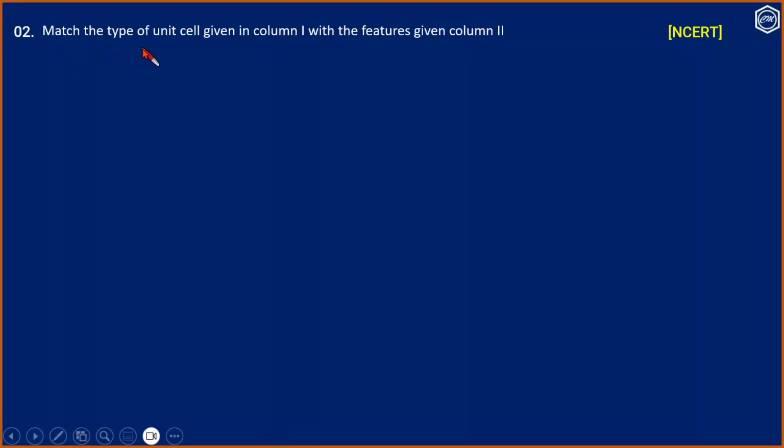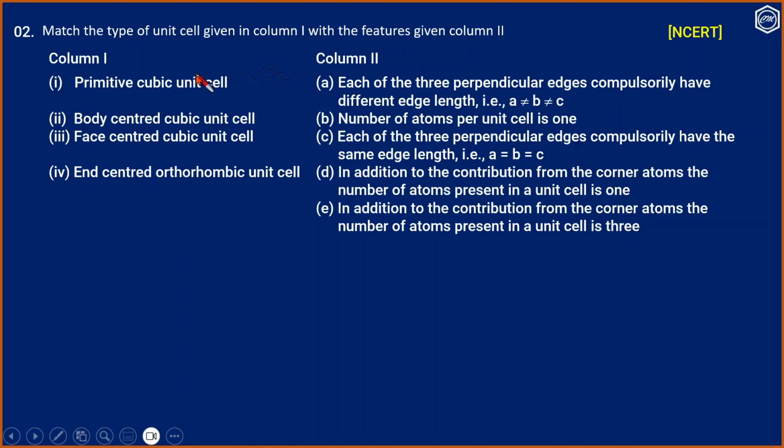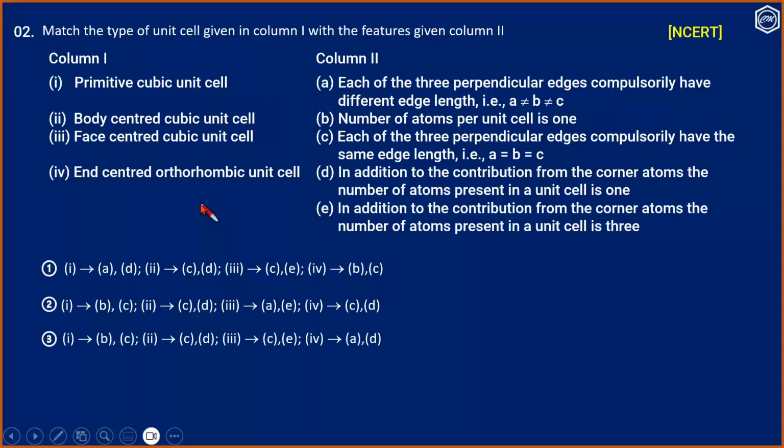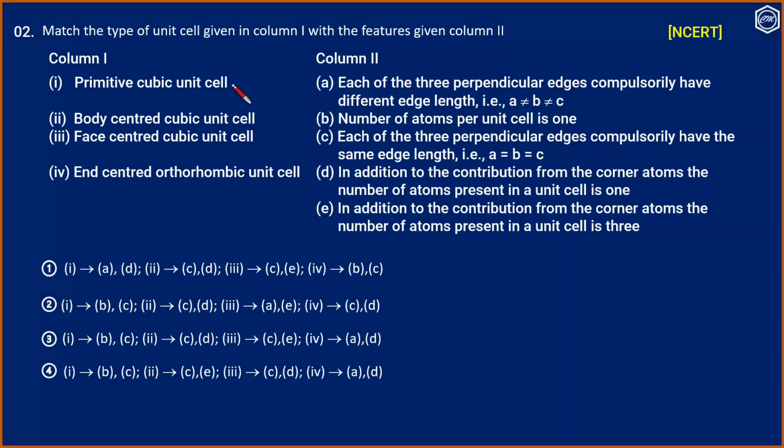Question 2. Match the type of unit cell given in column 1 with features given in column 2. Column 1: primitive cubic unit cell, body centered, face centered, and end-centered orthorhombic; column 2 gives the features, with option 1, option 2, option 3, and option 4. Primitive cubic unit cell: number of atoms per unit cell is 1.